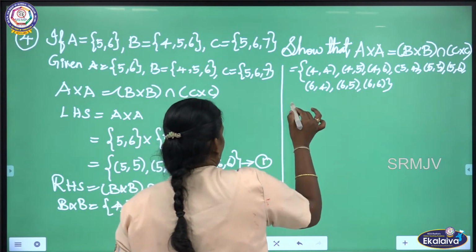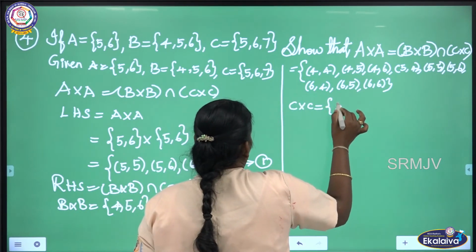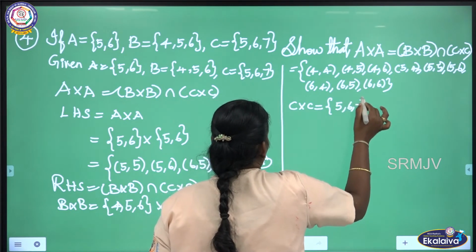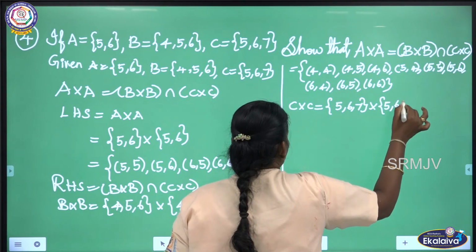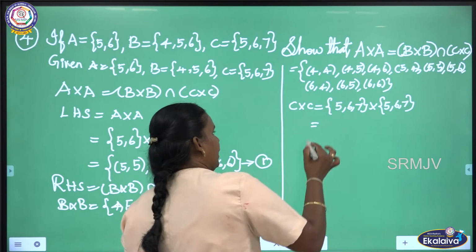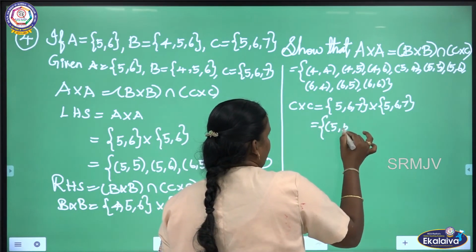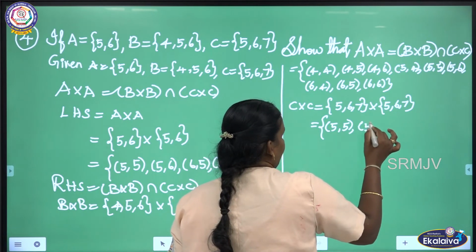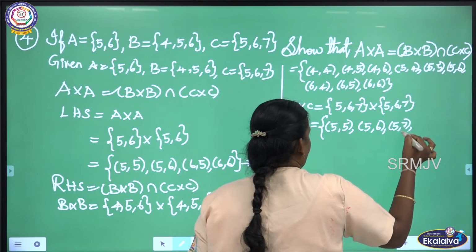Then I am going to write C cross C. C set 5, 6, 7 cross again C set 5, 6, 7. The cross product for C cross C is 5, 5, 5, 6, 5, 7.